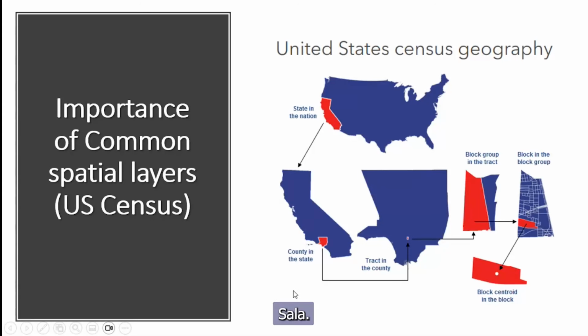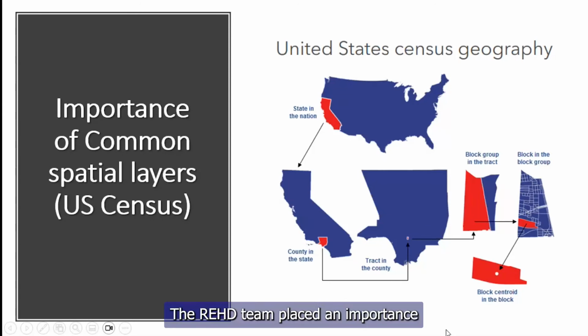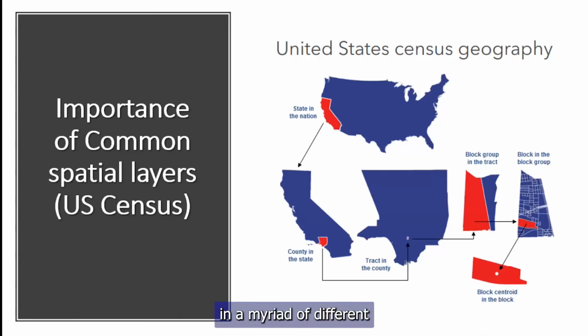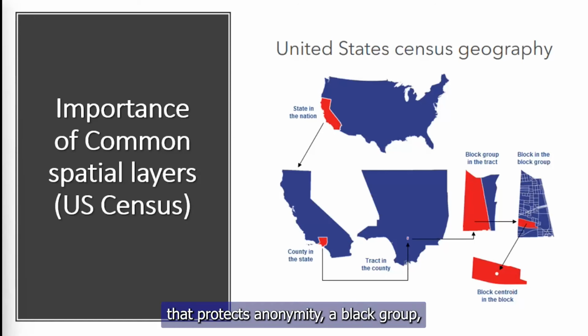Thank you, Sala. The RED team placed an importance on maintaining common spatial layers for consistency in the data. U.S. Census geography can be displayed in a myriad of different geographical layers: the state level, the county level, a census tract, the smallest level that protects anonymity, a block group, or even at a central point within that block group.